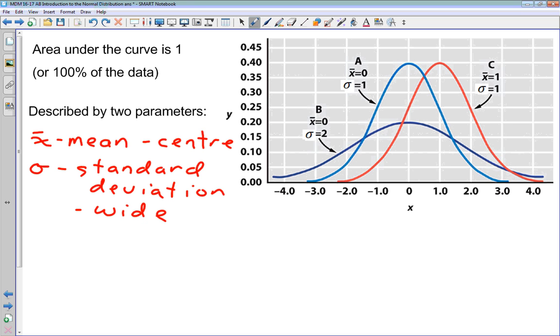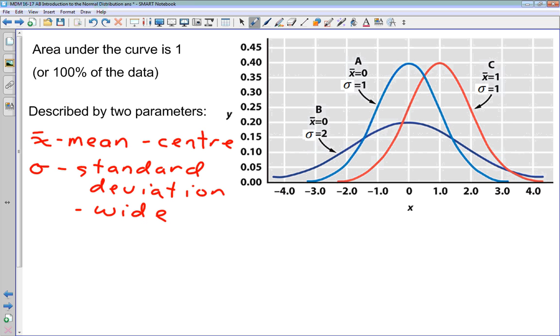So if we look at this graph here, we could start first by looking at the blue curve up here. It's labeled A on your notes there. This normal distribution has a mean value of 0, so it's centered right at 0 there, and it has a standard deviation of 1.